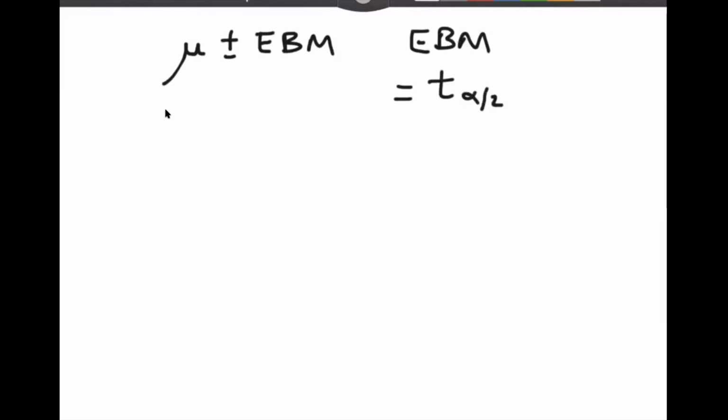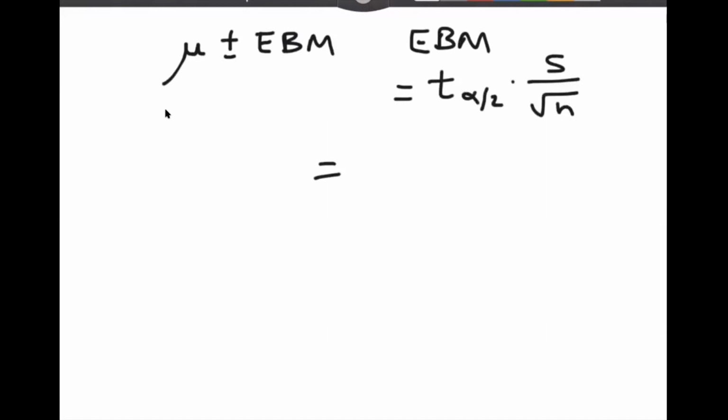So remember, the confidence interval for a population mean is mu plus or minus the error bound. And in the case of population mean with standard deviation unknown, the error bound is t sub alpha over 2 times s over the square root of n.